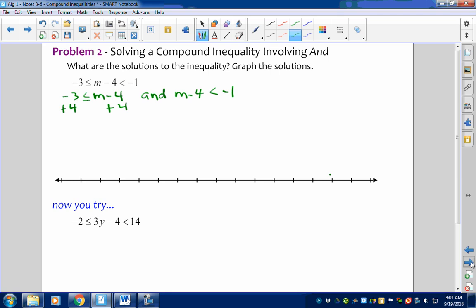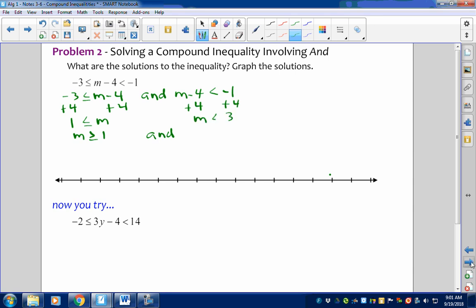So we add 4 to each side. This is a 1. So I have m is greater than or equal to 1. Switch it around here. Should say m is greater than or equal to 1, and let's solve this one. Add 4.